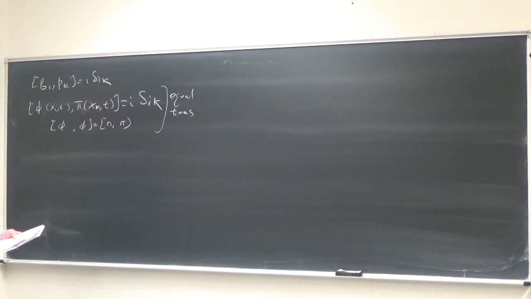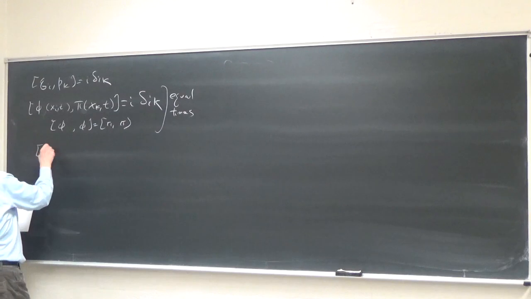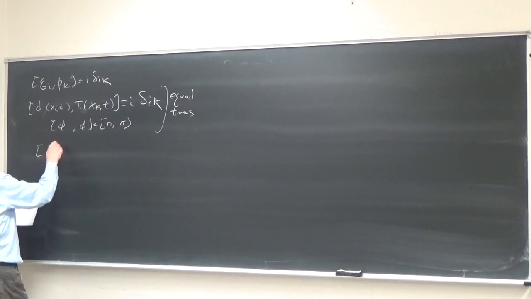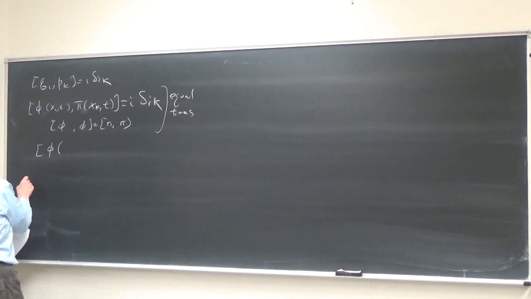And then, to make this a little more rigorous, let us say that A is the lattice spacing. So we have a lattice with spacing A, and the fields are at each of these vertices.